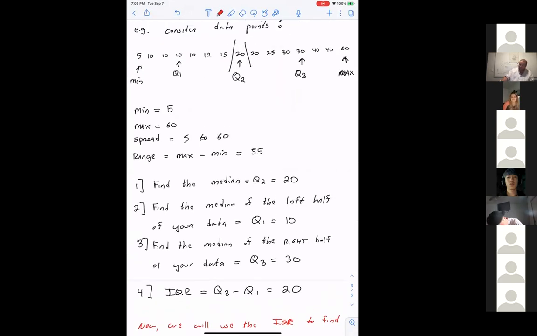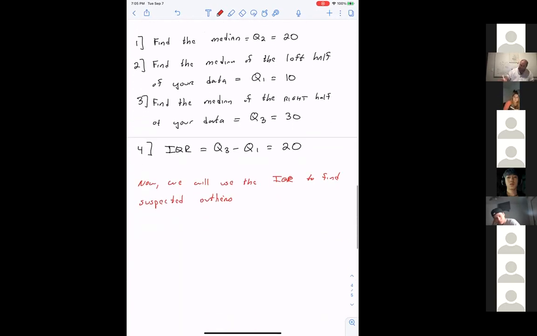Looking at this data, would you suspect that 5 is an outlier? No, it seems fairly close to the rest of the 10s. Would you suspect that 60 is an outlier? Yes. Okay, well, let's see if we will consider it to be an outlier or not.